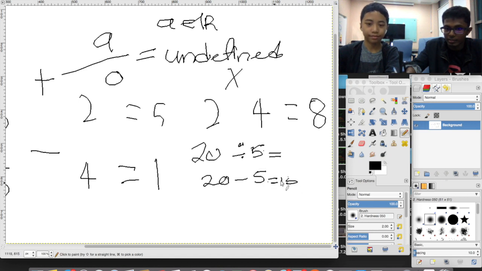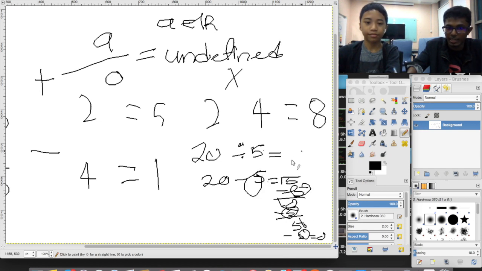We subtract 5 again, we get 10. Again, we get 5. Once more, then we get 0. So how many times did we do it? 1, 2, 3, and 4. So that's the answer here.